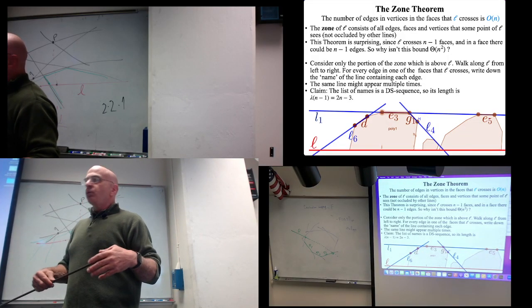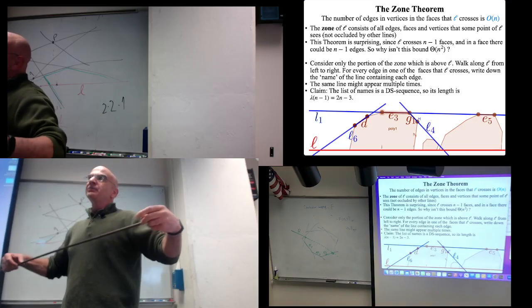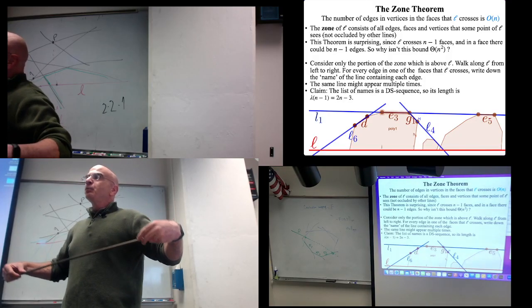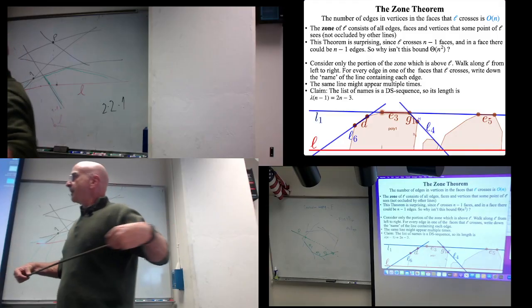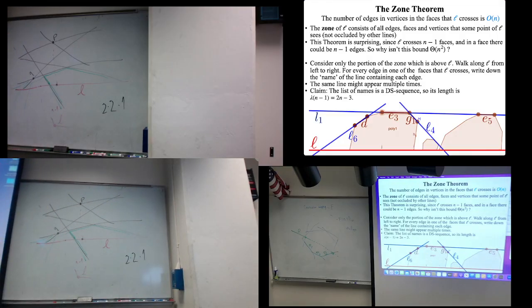OK, so what's my next tool in the artillery to prove a linear bound? Well, I cannot prove that every line contributes only once. So what I'll do is think about L, which goes from left to right and crosses a bunch of faces.